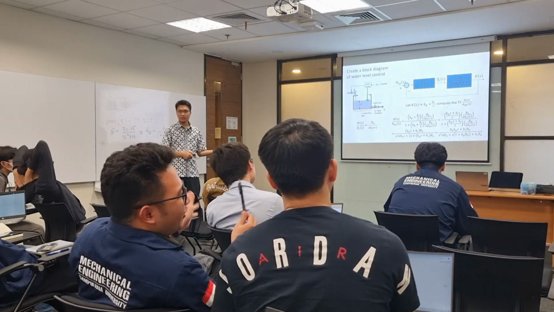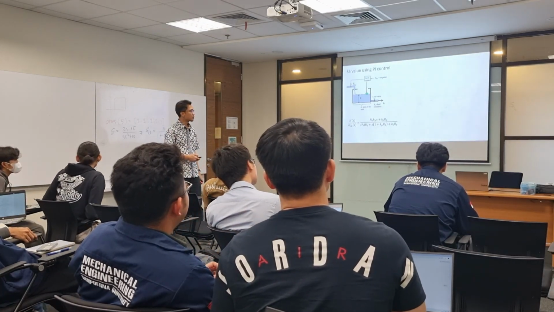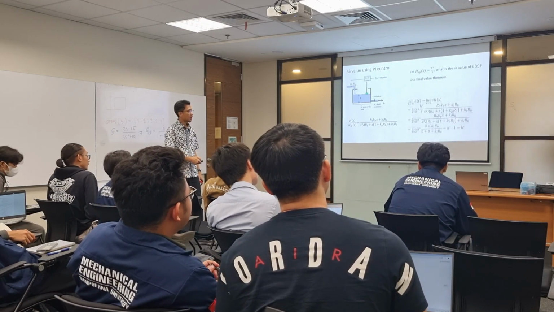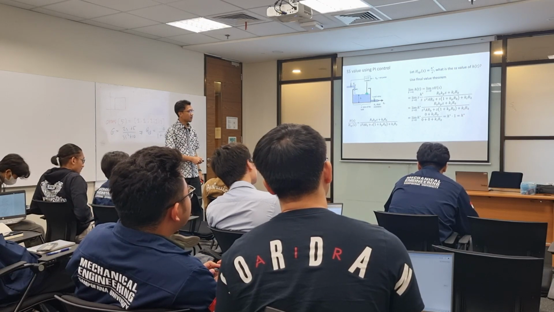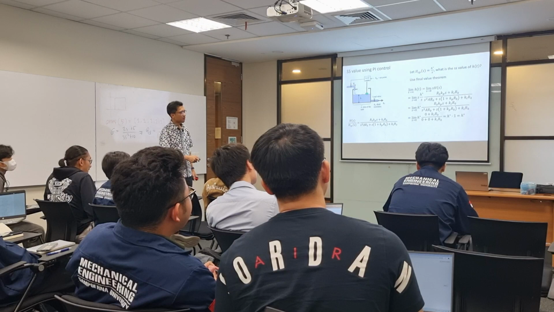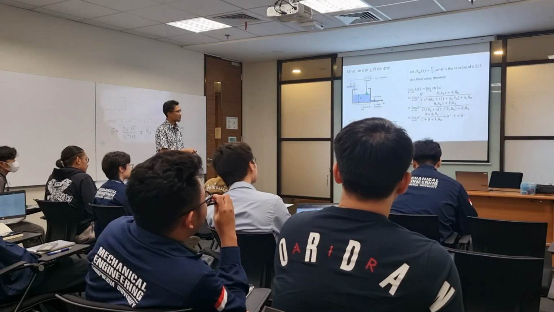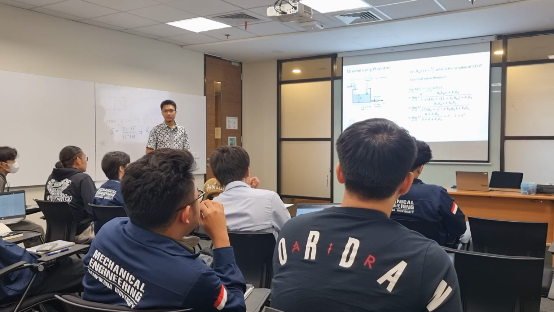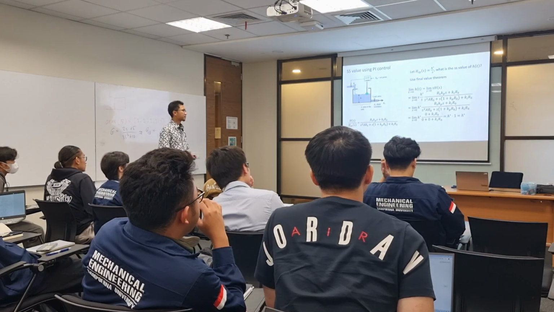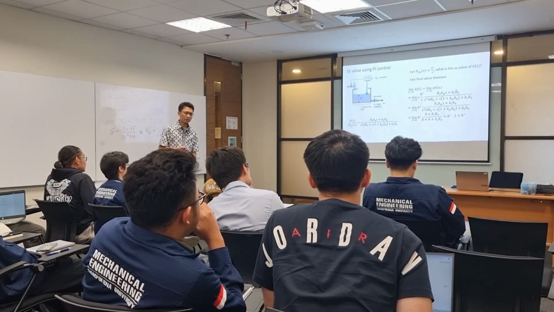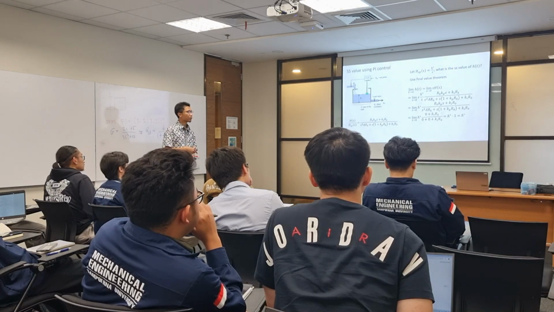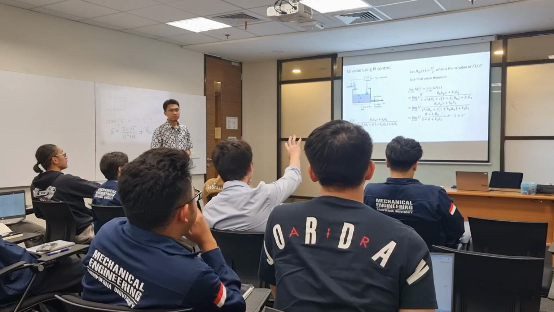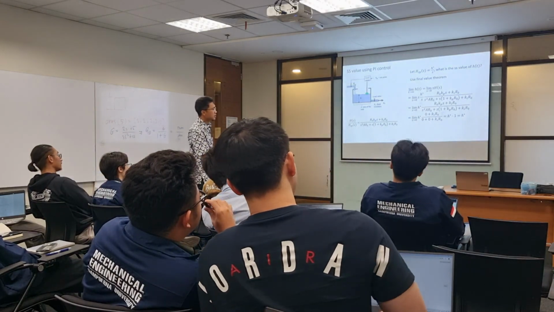Let's see the next slide for the final value theorem. We'll use the final value theorem to get the steady state value of H. Finally, the final time of the system is the same as the steady state error is 0. This one is 0.